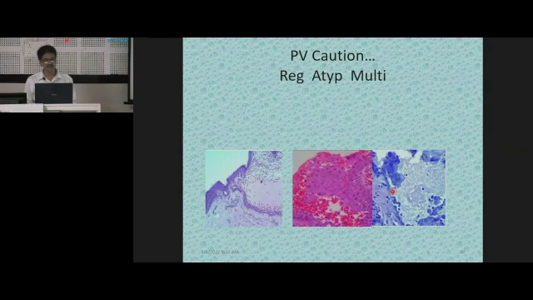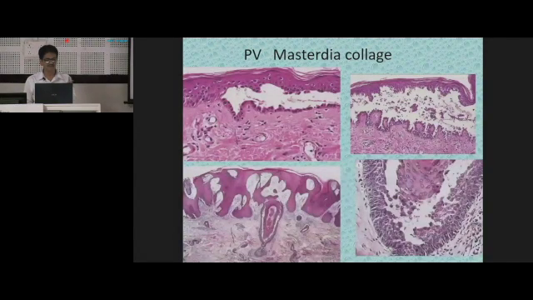And then sometimes you also see the multinucleation, and it may be misinterpreted as herpes infection. So this is the master diagram or collage of the various changes that we have seen so far. Tombstone appearance, the formation of these villi, which are lined by the basal cells, which remain attached to the dermal papilla.